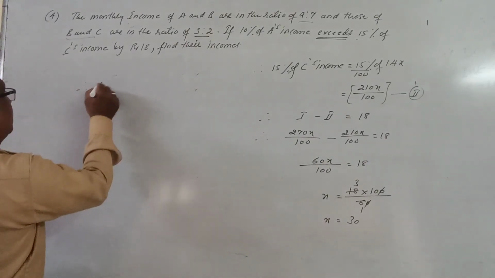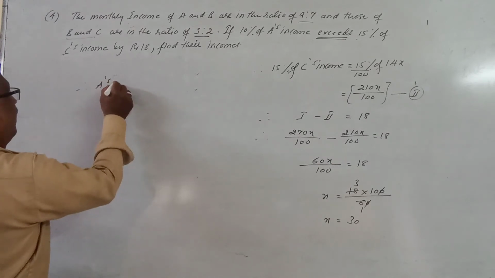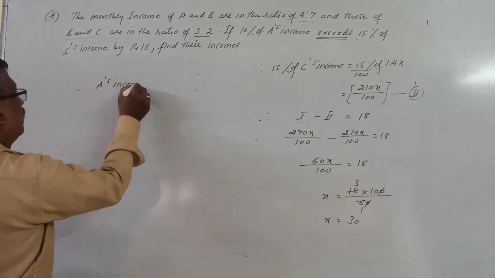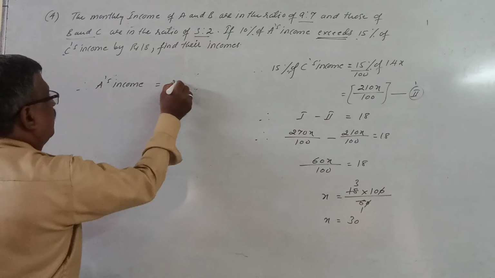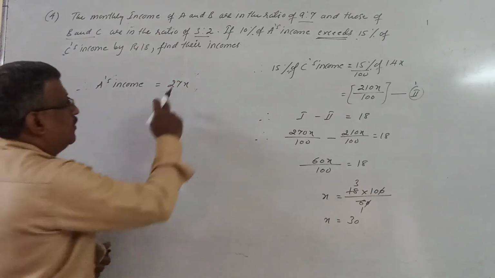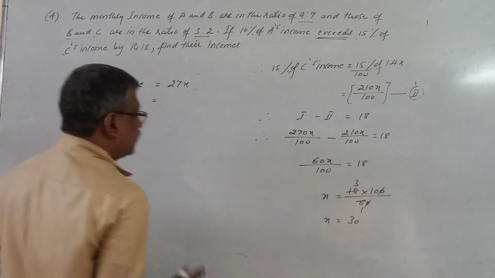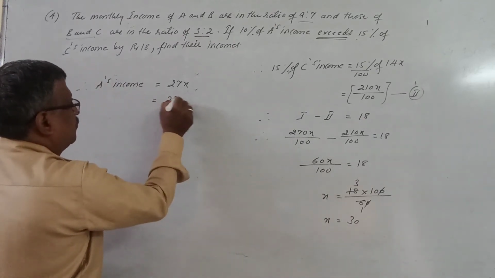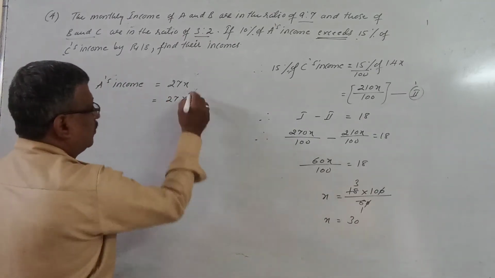A's income you have assumed as 27x. Wherever x is there, you put 30. So 27x means 27 into 30.